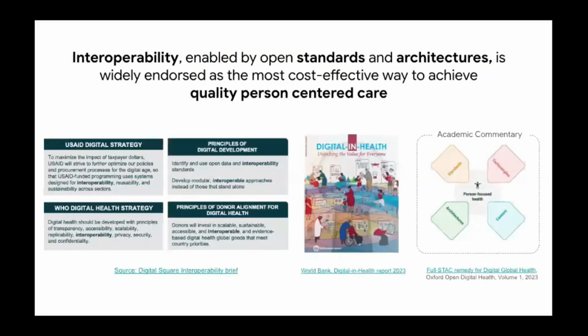And interoperability, as you've all learned throughout this program, is really essential for achieving this quality person-centered care, right? And different groups over the last 5 years or more have really been calling for interoperability because it can help to enable that person-centric care, and it's interoperability based on open standards and open architectures that is being widely endorsed today.